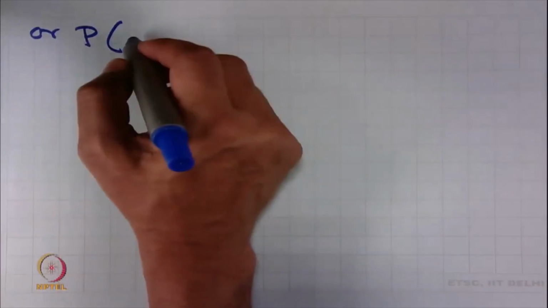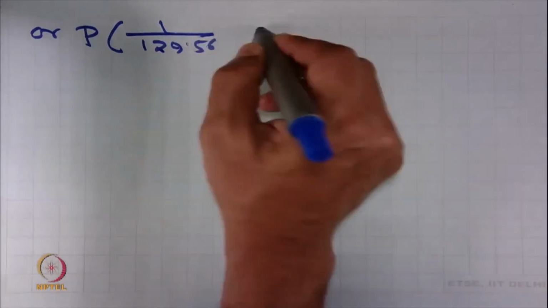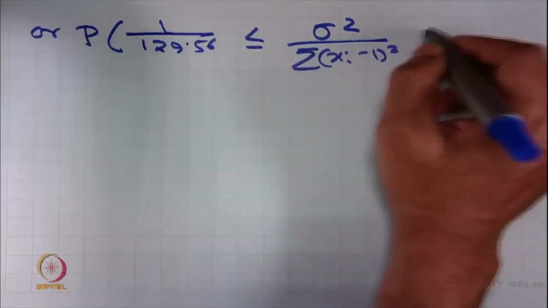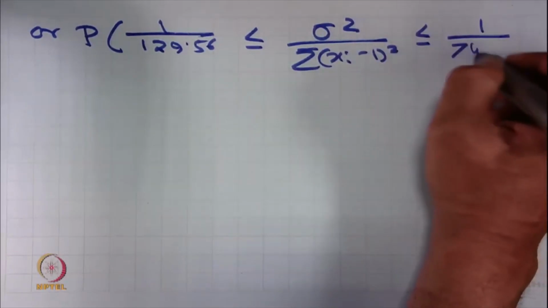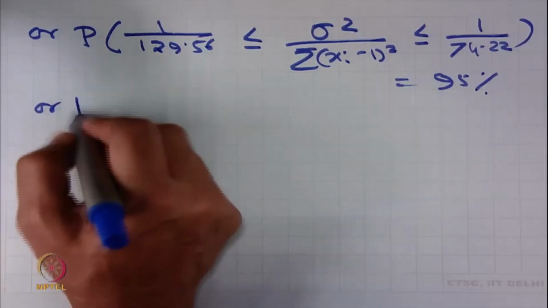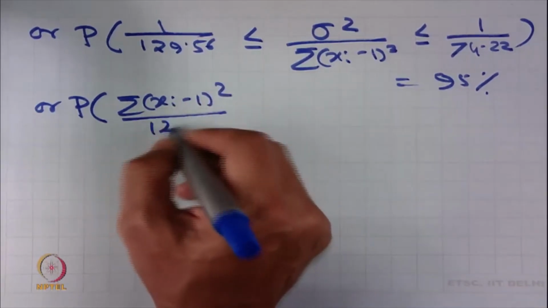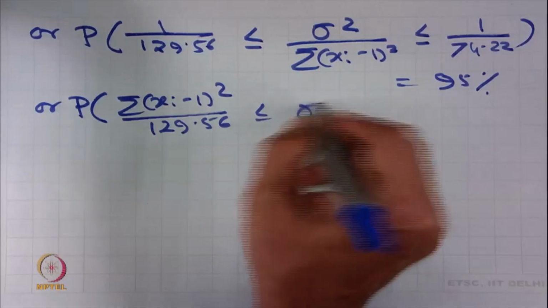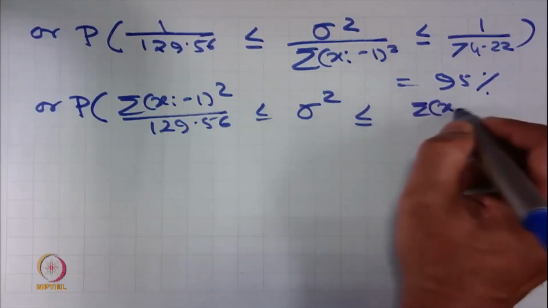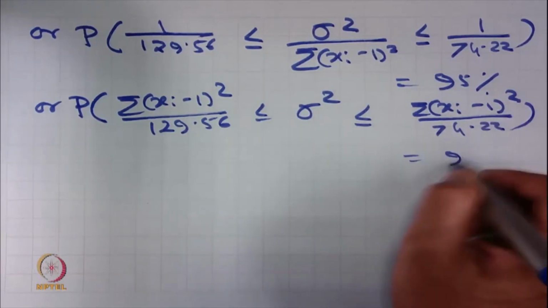Or probability 1 upon 129.56 less than or equal to sigma square upon sigma (x i minus 1) whole square less than or equal to 1 upon 74.22 is equal to 95%, or probability sigma (x i minus 1) whole square upon 129.56 less than or equal to sigma square less than or equal to sigma (x i minus 1) whole square upon 74.22 is equal to 95%.